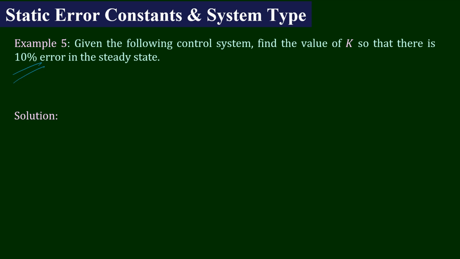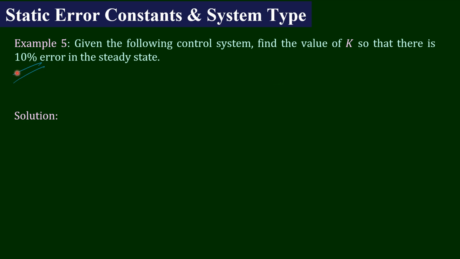So first, the system is type 1 and the steady state error of 10% can be only for the ramp input, because for the step input the steady state error will be 0 for this particular system since it is type 1, and for the parabolic input the steady state error will be infinity.